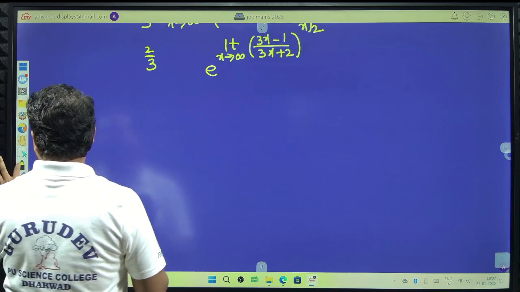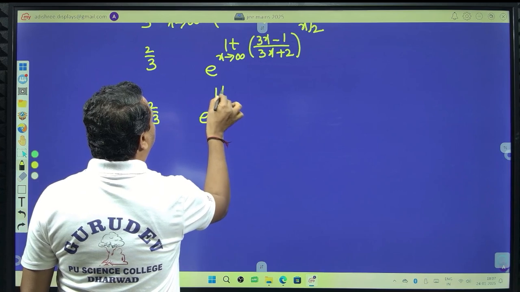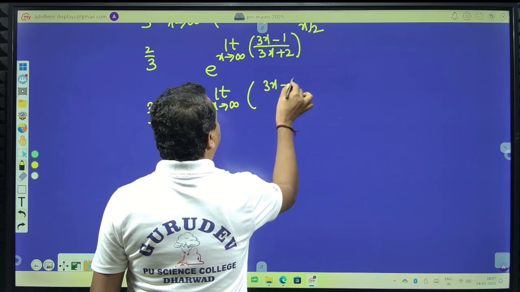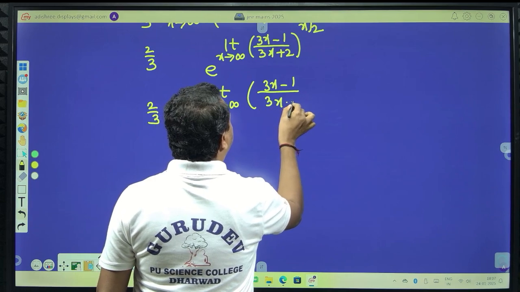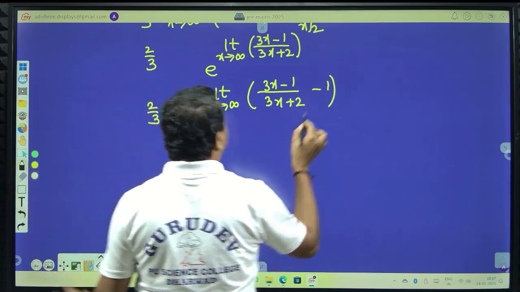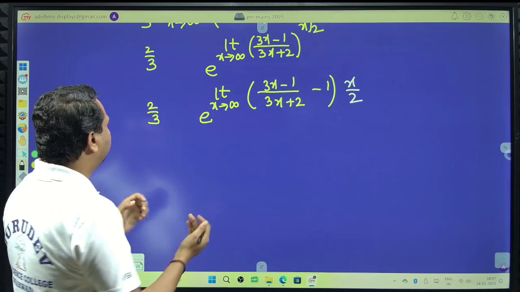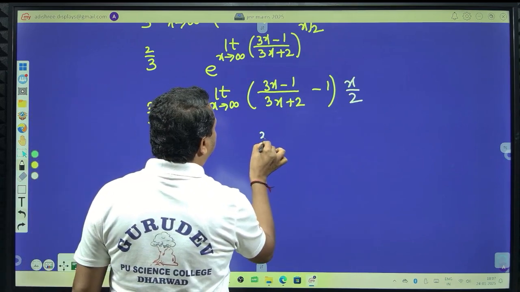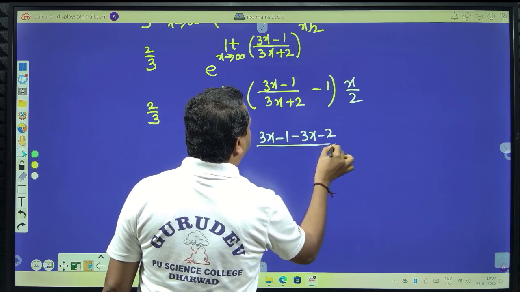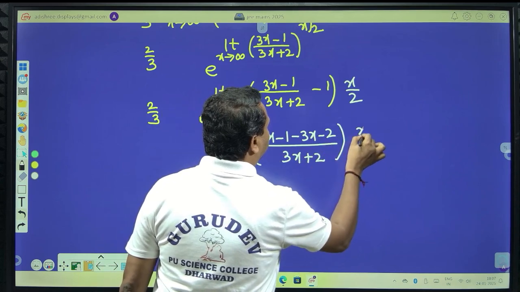Okay, what you have to do? 2 by 3 as it is, e to the power limit as x extends to infinity of (3x minus 1 divided by 3x plus 2 minus 1). When you apply this shortcut rule, the power will become the coefficient. Done? Now it's all about simplification. See what is left? (3x minus 1 minus 3x minus 2) divided by (3x plus 2) into x by 2.